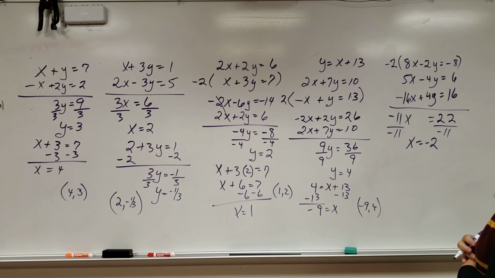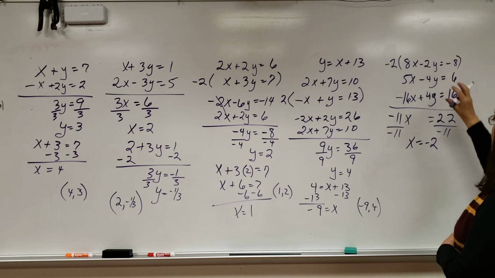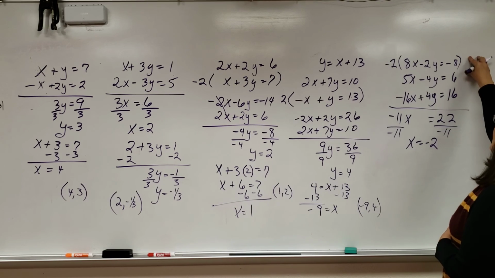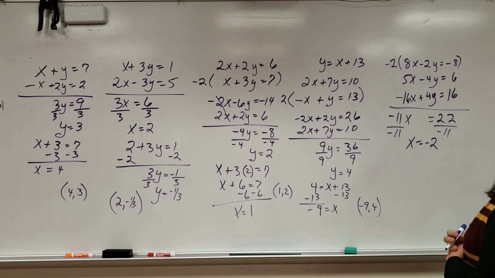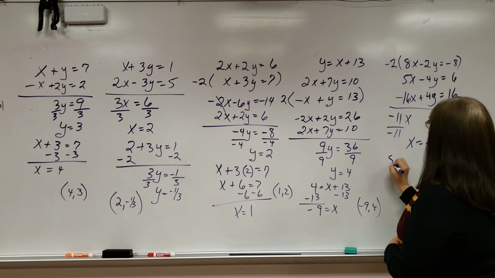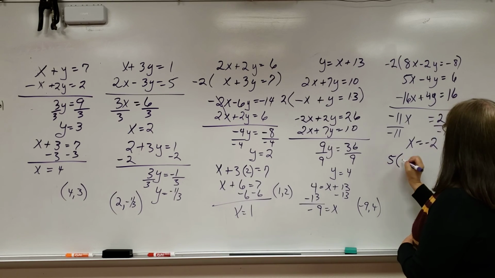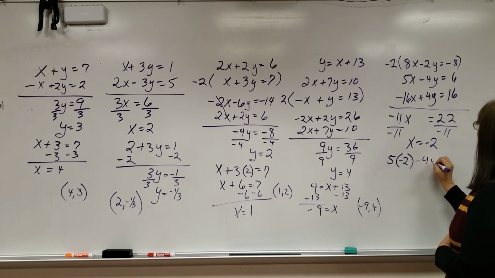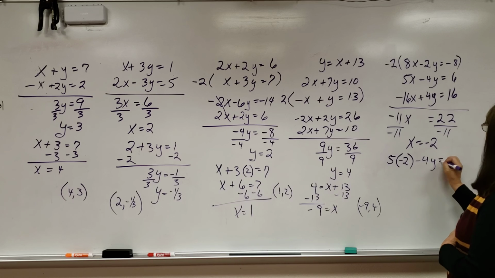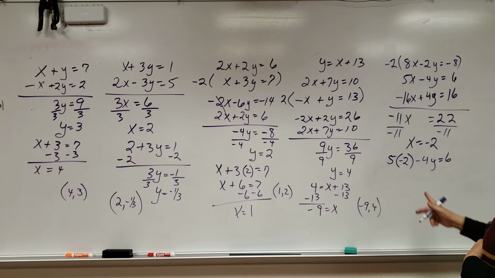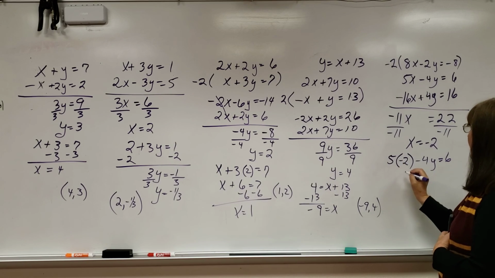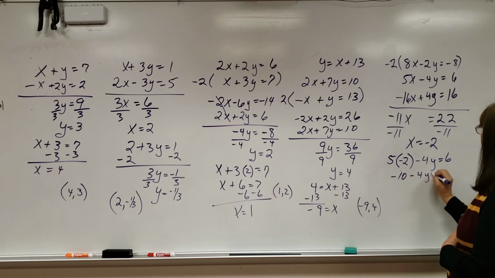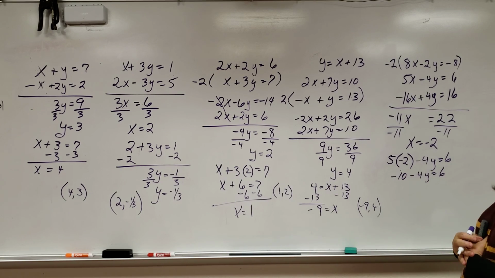All right, now we have to decide which one of these we're going to use. This has a couple of negatives in it. This only has one, so I'm going to choose the second. So I'm going to have 5 times negative 2, minus 4 times y equals 6. 5 times negative 2 is negative 10, minus 4y equals 6.